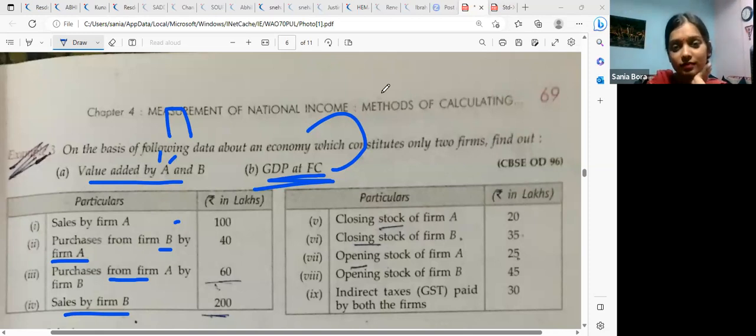Vanisha, can you hear me? Yes, ma'am, I can hear you. Then I think Ritika is facing some issue. Okay, let's wait for one more minute, then I'll discuss the answer. Ma'am, am I audible now?